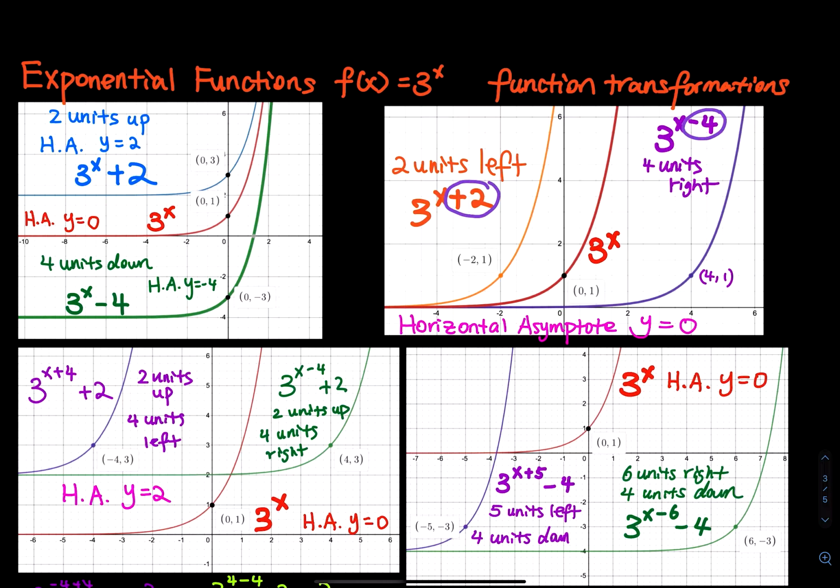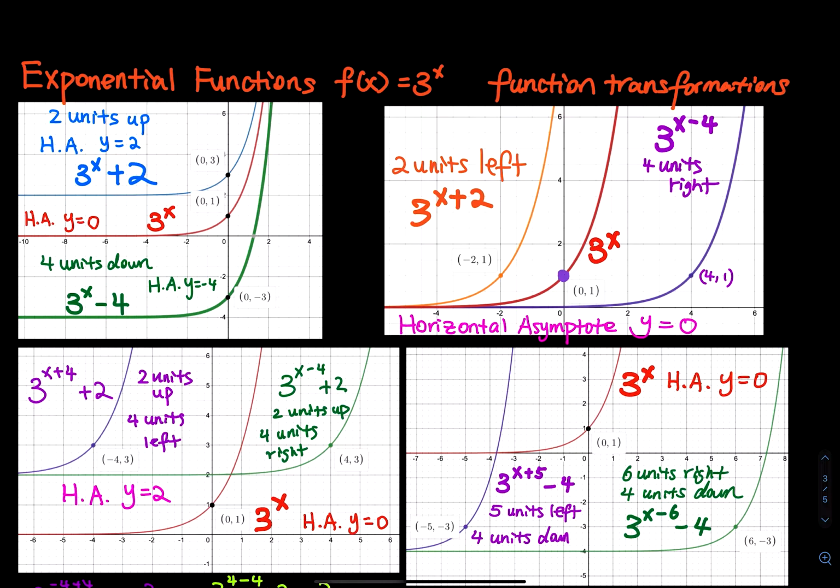What happens when you add 2 right next to it? You shift the function 2 units to the left. So the y-intercept from 0 goes to negative 2. That is 2 units to the left. From this place to this place, from 0 to negative 2, that is 2 units left.